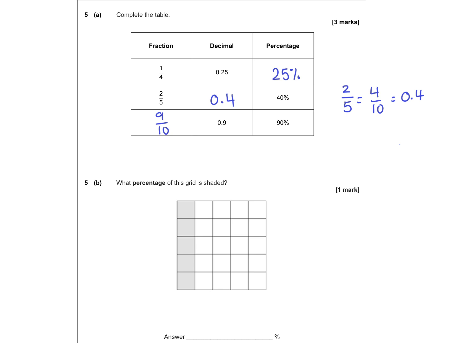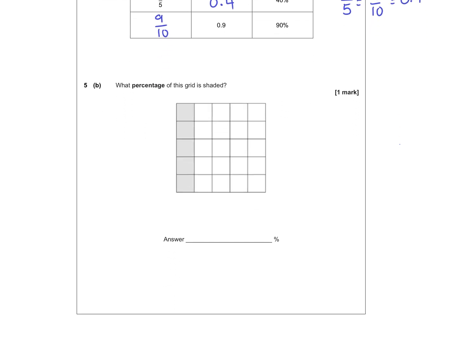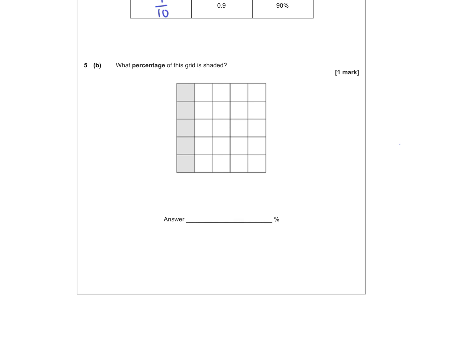All right, and then part B is a part that I don't think many people like, and the reason why is because I don't think we like turning fractions into percentages, even if we had a calculator. So what percentage of this grid is shaded? 5 squares are shaded in. There is 25 altogether.